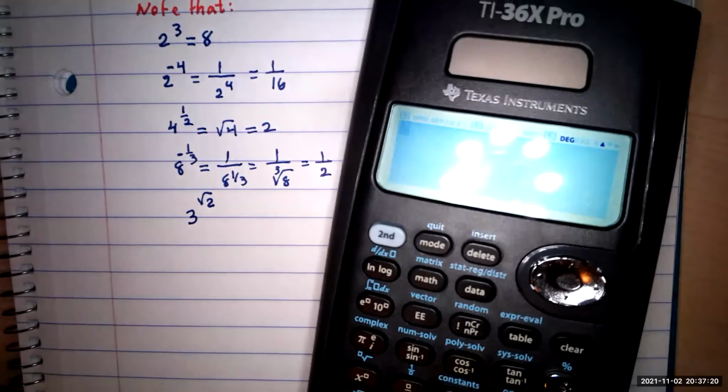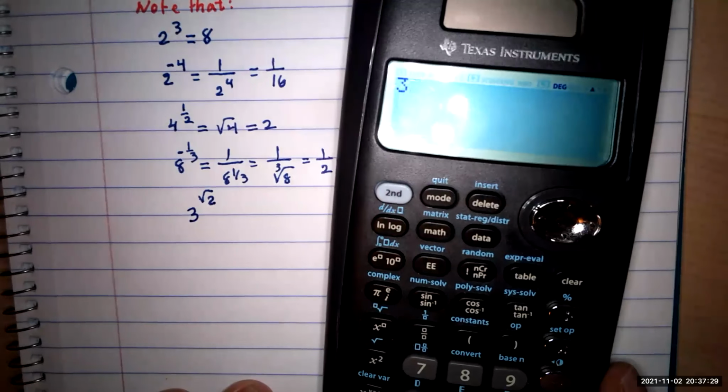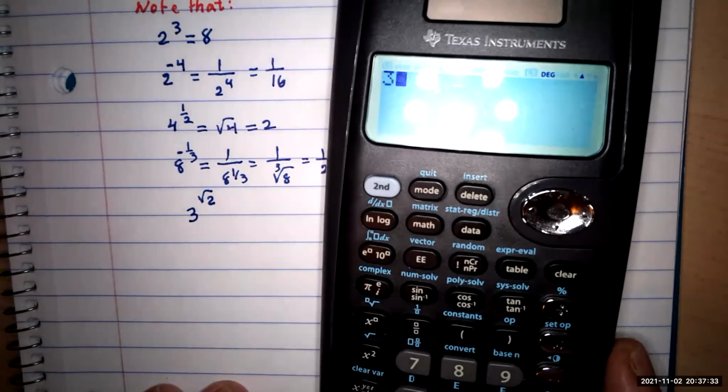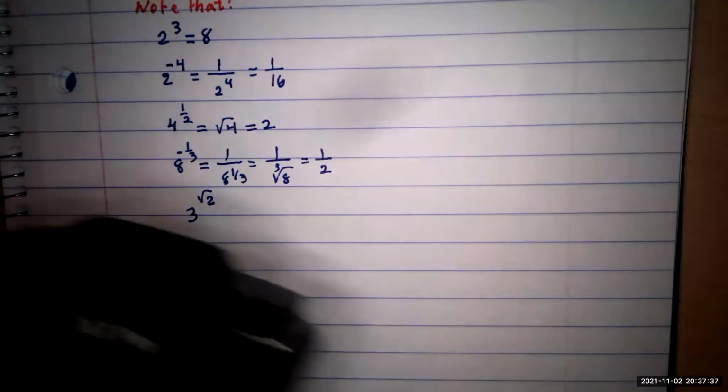Okay, you know that for 3 to the radical 2, we can use your calculator. This is going to be 3, and you are going to use the, okay, where is the power? The power notation. This is my new calculator.